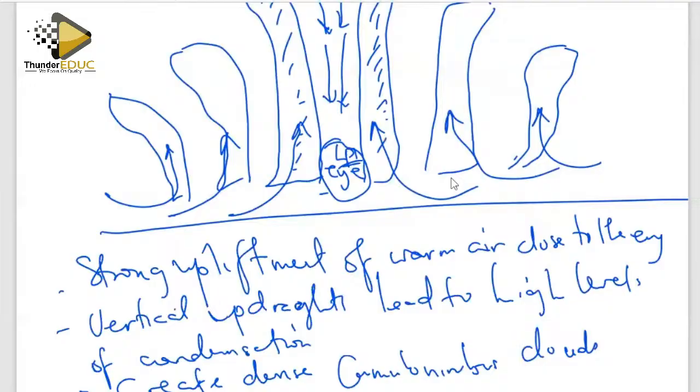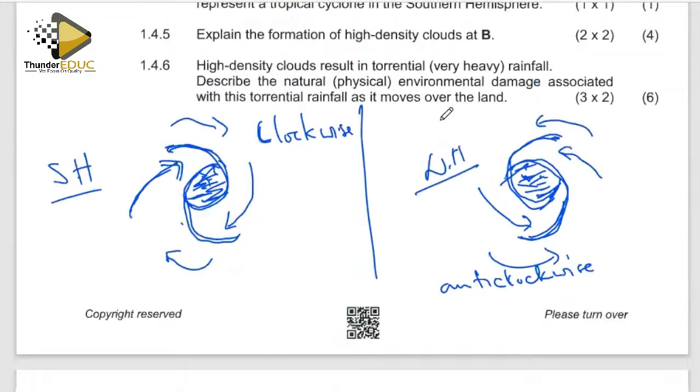That's the situation. Because there's strong vertical upliftment of air, because the winds are strongest close to the eye wall, there are vertical updrafts that lead to very high levels of condensation. The air vertically uplifts and reaches condensation level and keeps on going upwards, creating towering clouds. And those clouds will have high density because of the nature of the upliftment and the resultant clouds that form in that particular area. Right, going on to the next question.